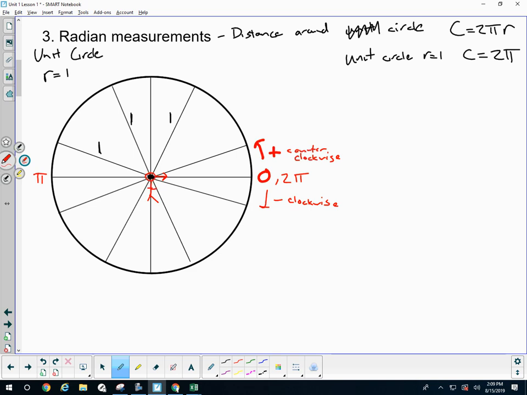Now again, if I got to pi and I wanted to add angles, I'm not going to think about it as going up or down. Instead, I'm actually going counterclockwise, and this way would be considered adding more angles or more distance, and this way would be subtracting. So keep that in mind. But that's pi, that's 180 degrees.